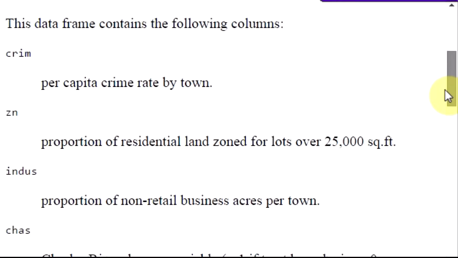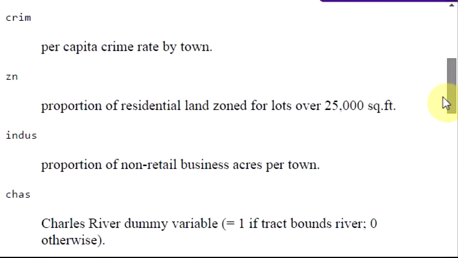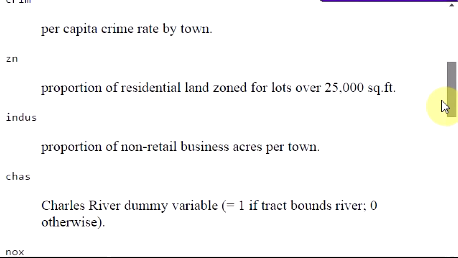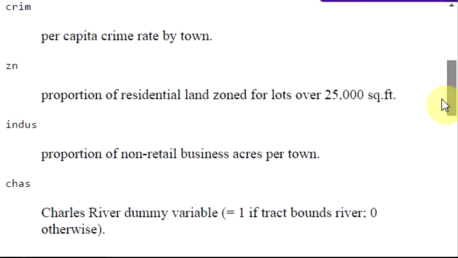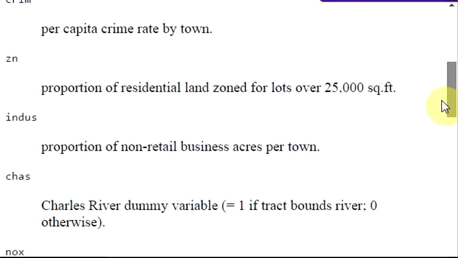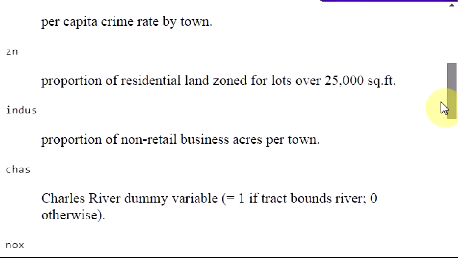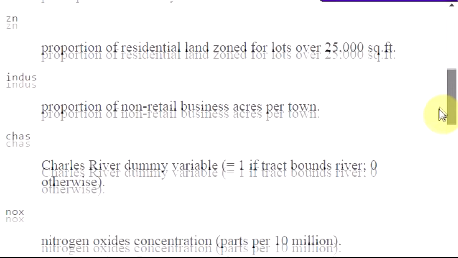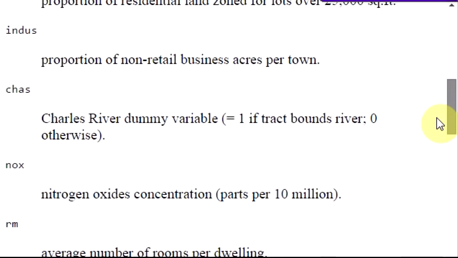Zone is proportion of area zoned for lots over 25,000 square feet. Basically it will mean what proportion is occupied by very big lots. Indus is proportion of non-retail business or industrial. Charles is Charles River dummy. If the river is there, it's 1. If the river is not there, it is 0.